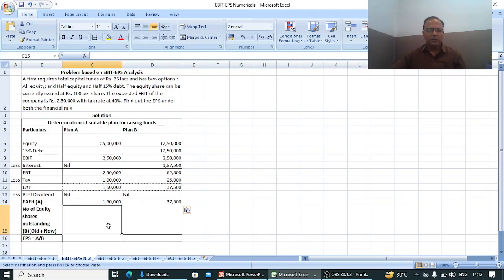New will be 25 lakh divided by 100 will be 25,000 equity shares. Here 12,500. Now 150 divided by 25, that is 6. 37,500 divided by 12,500, it is 3.